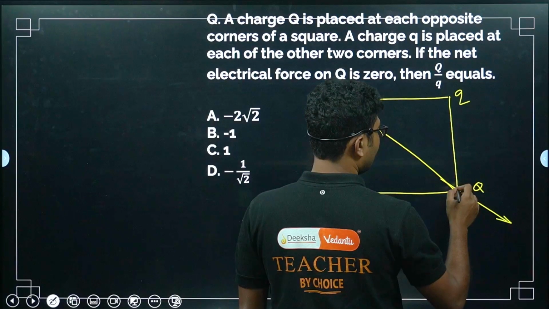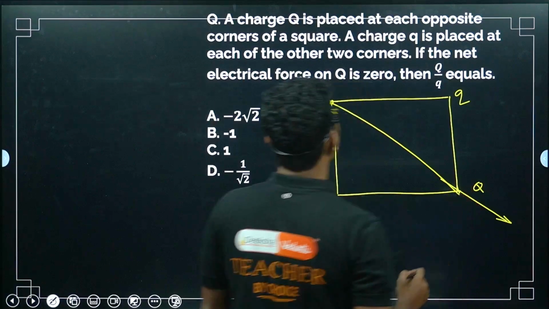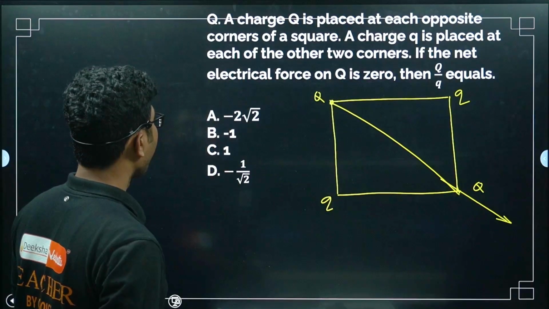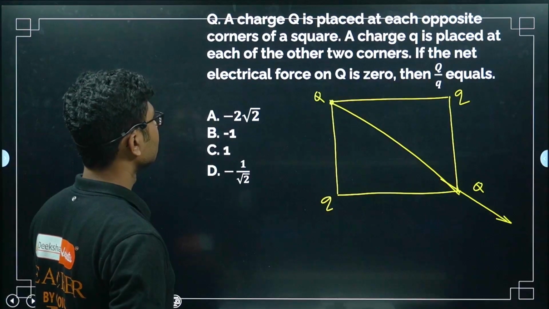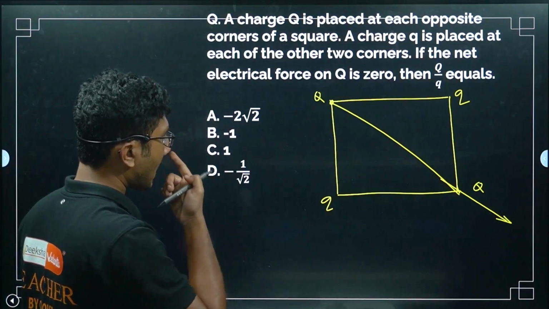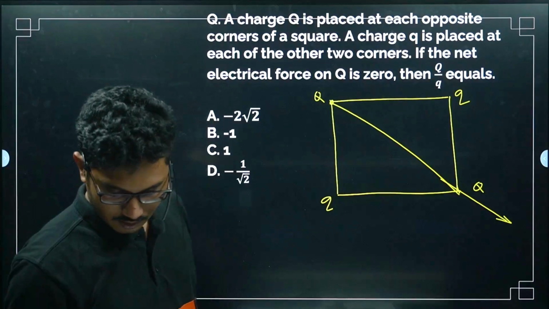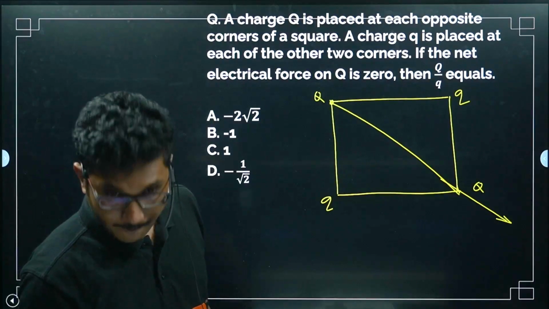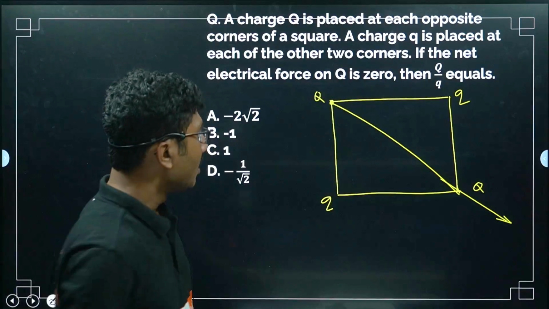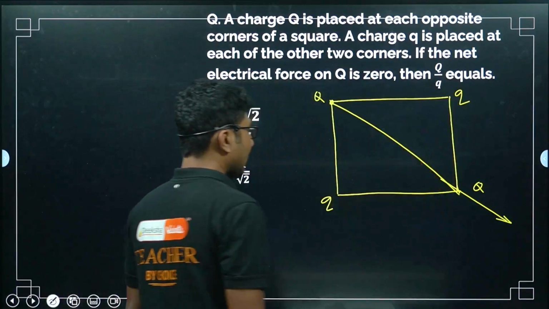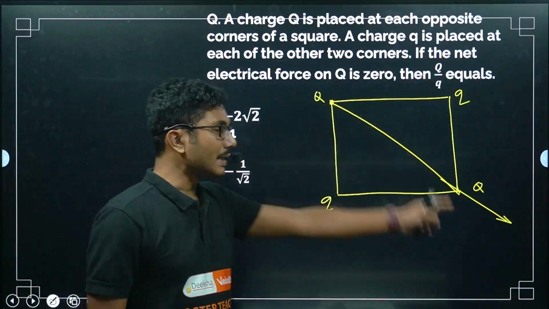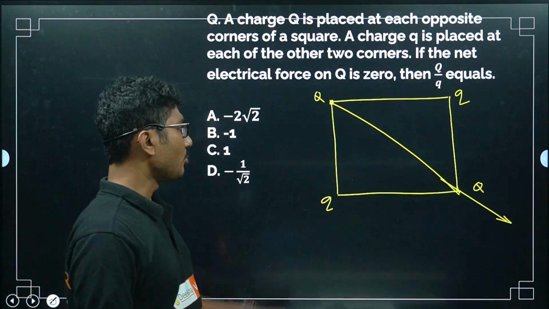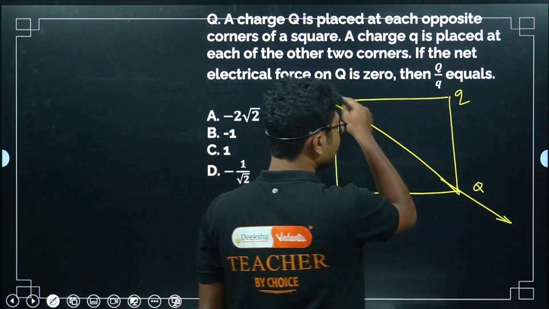Now these small q's must be negative if capital Q's are positive, because this is the repulsion force.